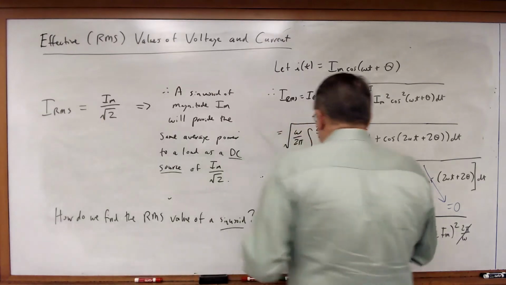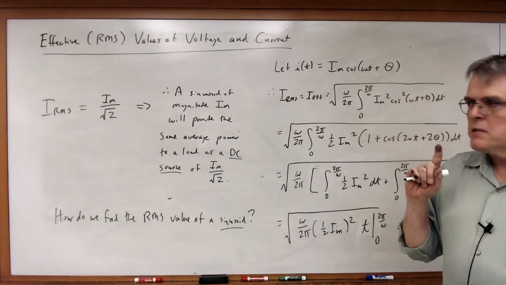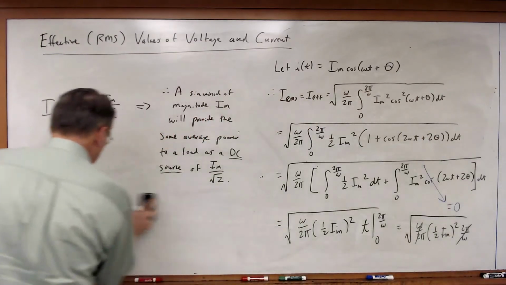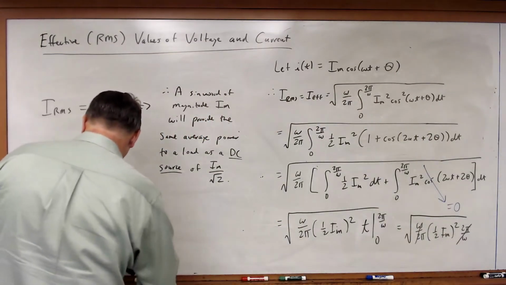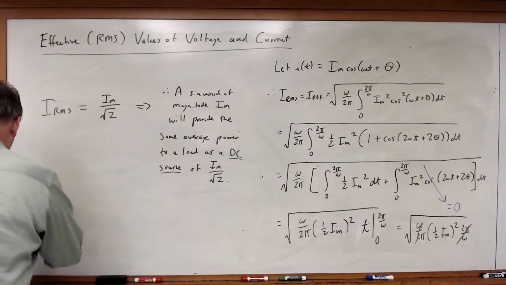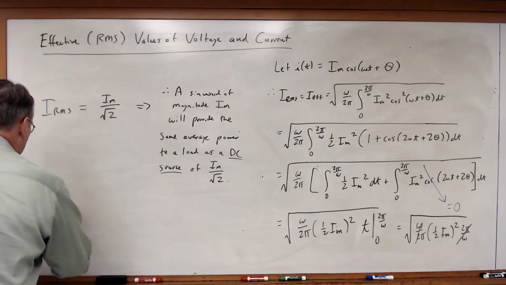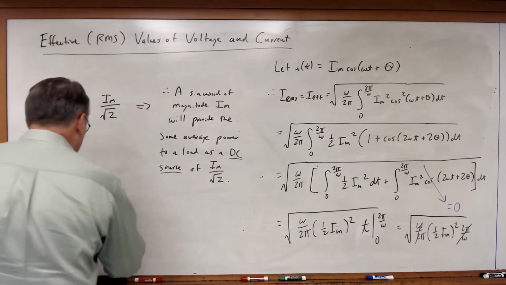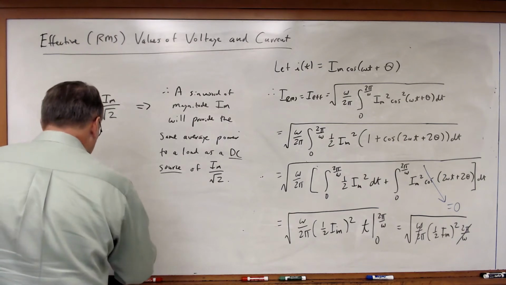So what else does this RMS concept do for us? Well, we also get this. If I RMS is equal to this, then I RMS, or I effective, is equal to Im over the square root of 2.